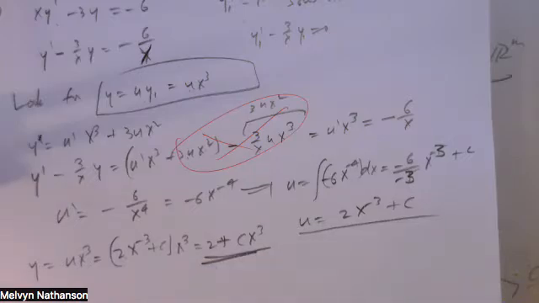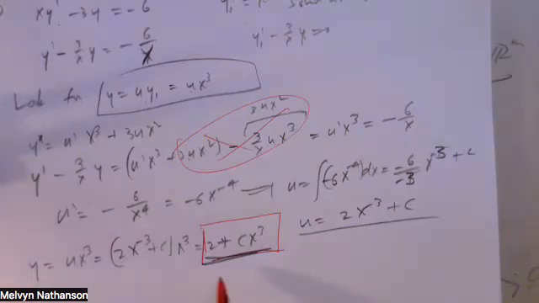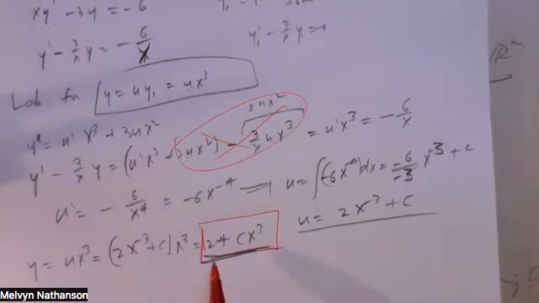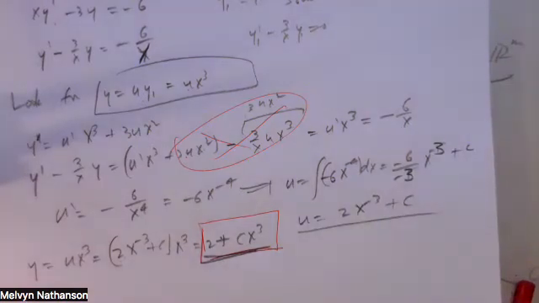And that's the answer. Y equals 2 plus cx cubed is a solution of the non-homogeneous differential equation. Any questions about that?